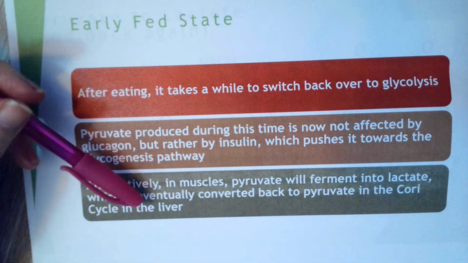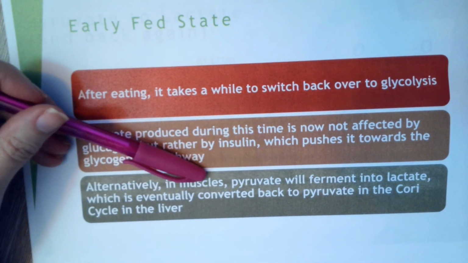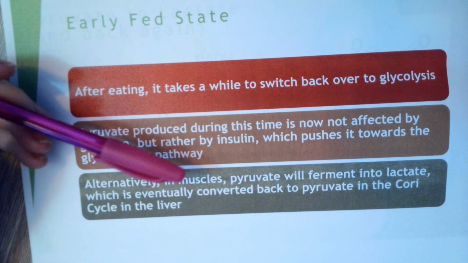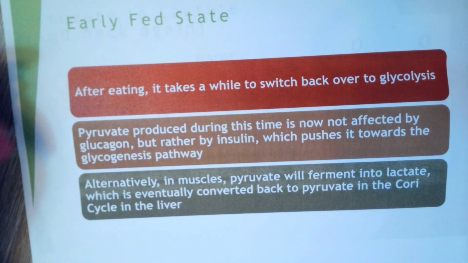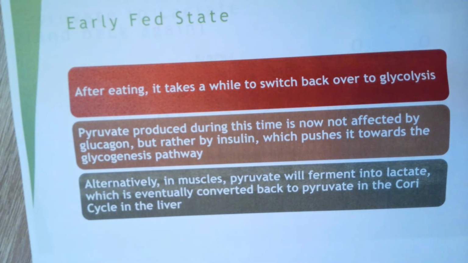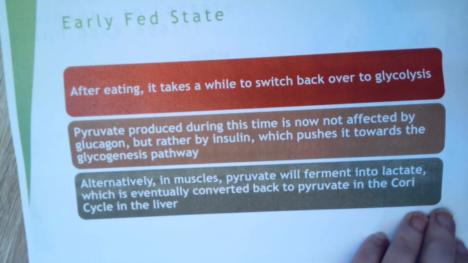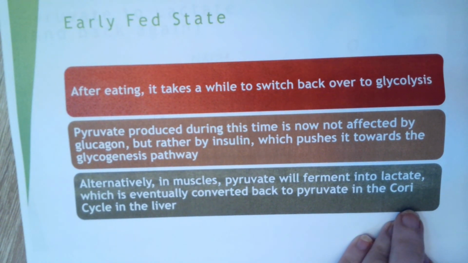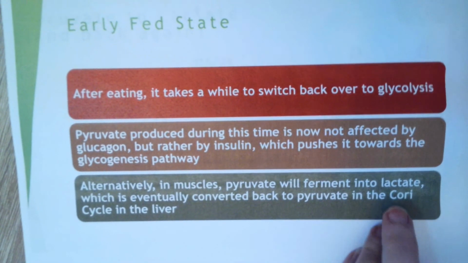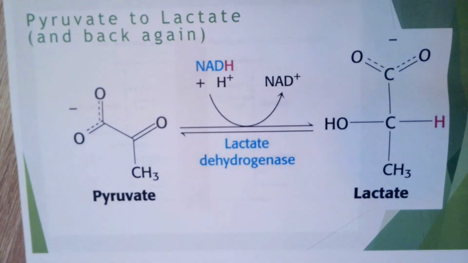Now, in your muscle cells, the pyruvate that you've been making but not running through the Krebs cycle turns into lactate. And lactate can go to the liver and it can get turned back into pyruvate in the Cori cycle. And from there, you take the pyruvate and you do gluconeogenesis.